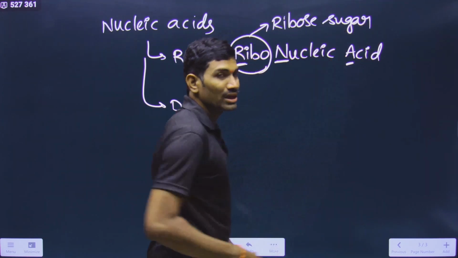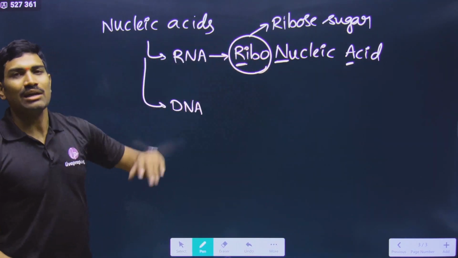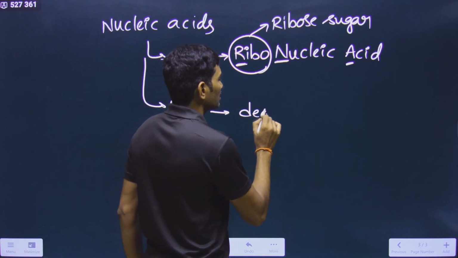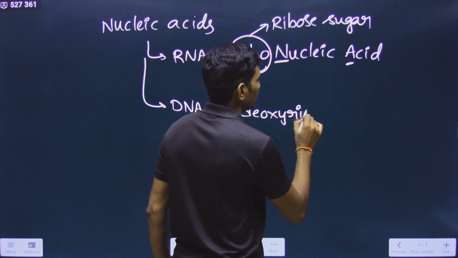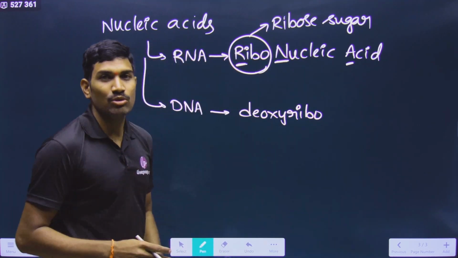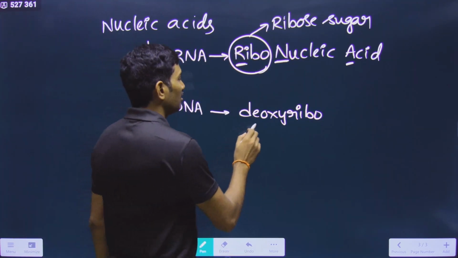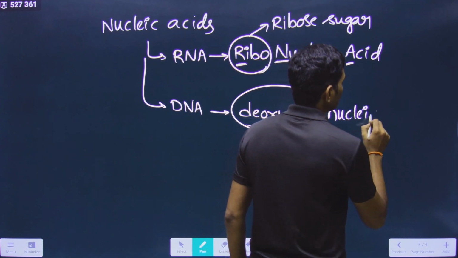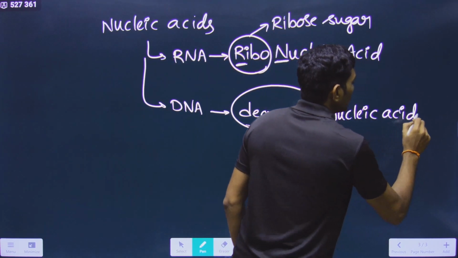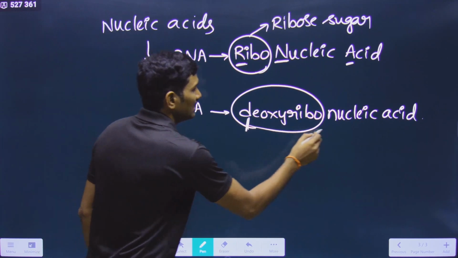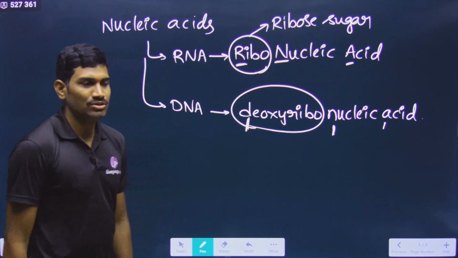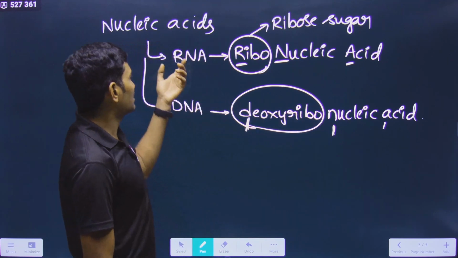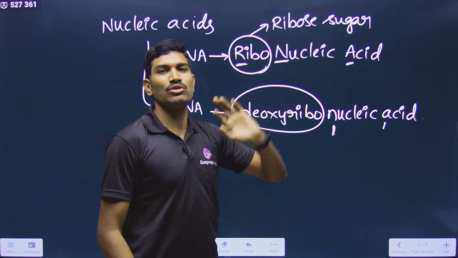So ribose sugar containing nucleic acid is ribonucleic acid, RNA, whereas DNA has deoxyribose. Already we studied 2-deoxyribose, so that deoxyribose sugar is present. That is why it is called deoxyribonucleic acid, DNA. Understood or not? The abbreviation is DNA, full form is deoxyribonucleic acid. The abbreviation is RNA, full form is ribonucleic acid.